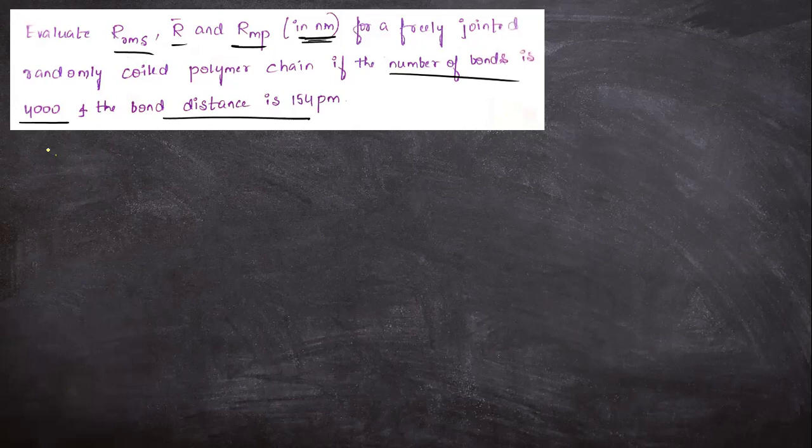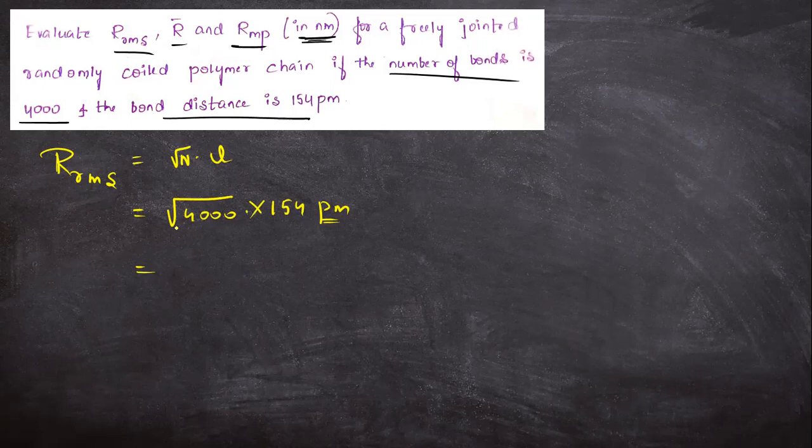So we know the root mean square distance formula, it is root n into l, right? So root n, the number of bonds, 4000 they have given, so it is root 4000 into the bond distance or the length of one unit, it will be 154 picometer. In picometer they have given, but they have asked the answer in nanometer. And again, don't think it is difficult if a calculator is not given.